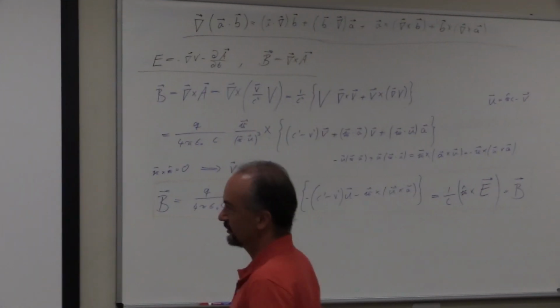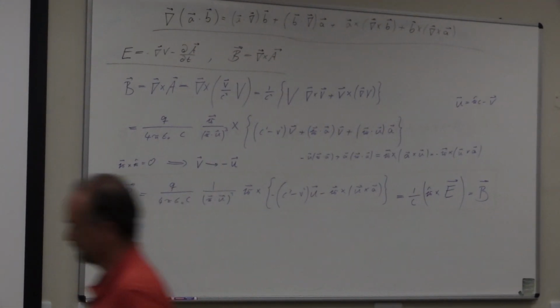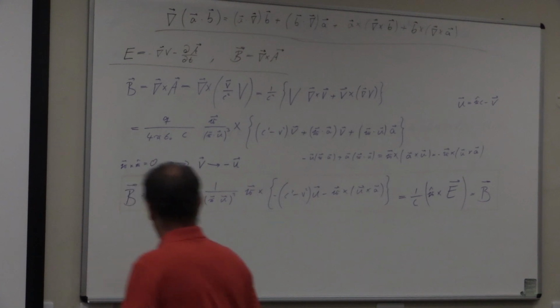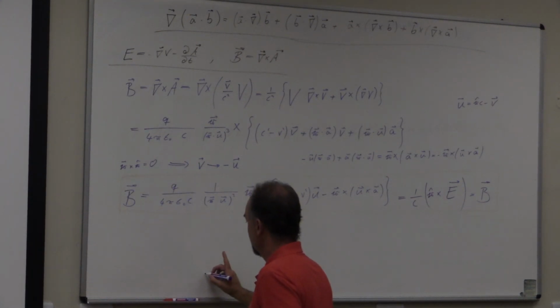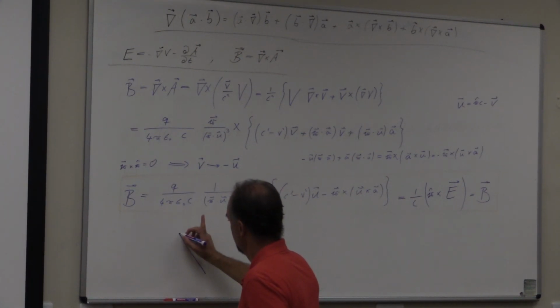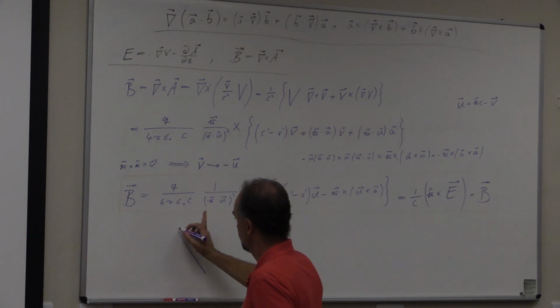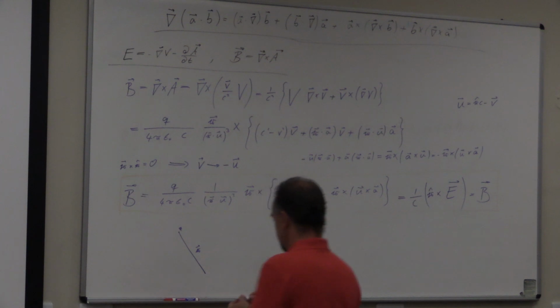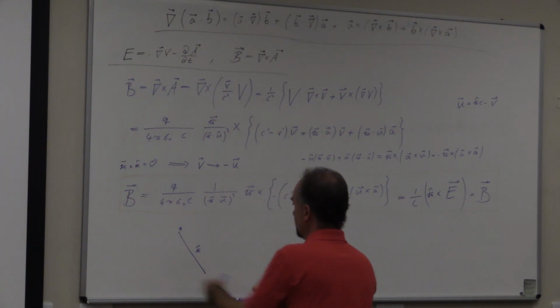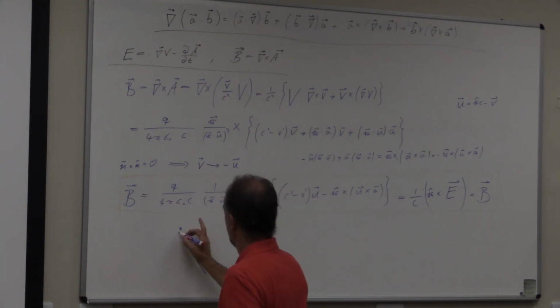So which direction is that? Let's again say we are looking at direction R, is our charge Q. Let's assume the velocity is going in this direction.